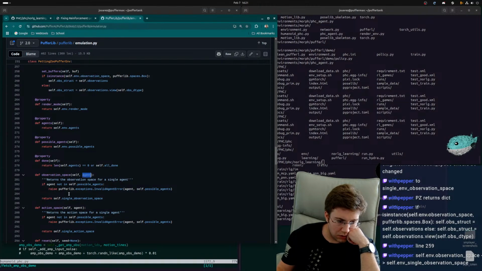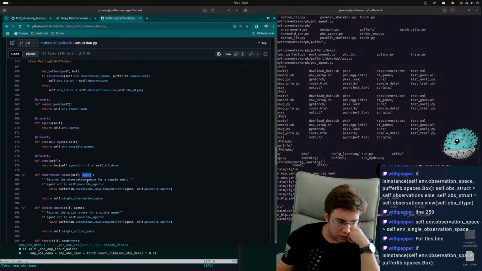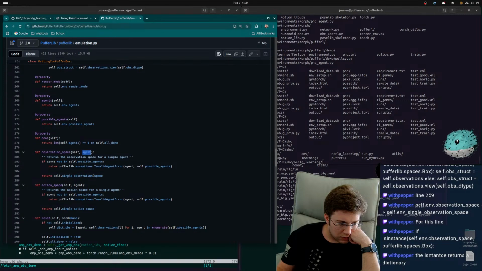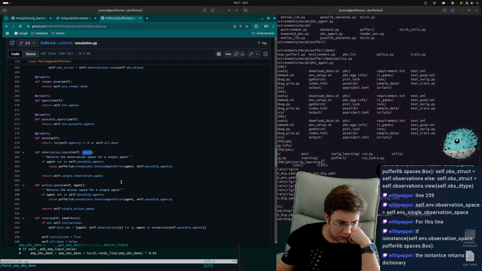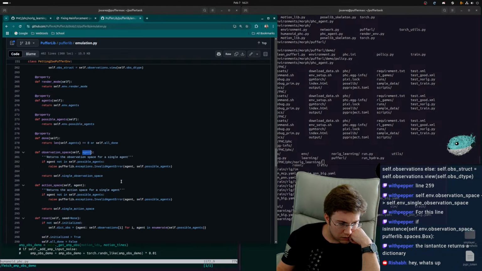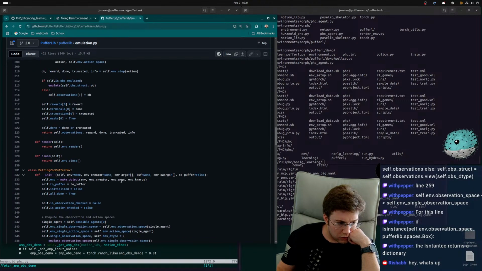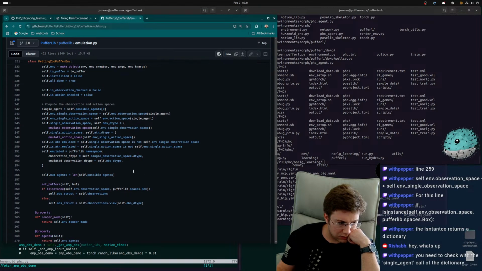And self.env observations. Oh, wait, hold on. Self.env. I see, because it's the internal... Should it be single observation space? No, that doesn't exist in PettingZoo.